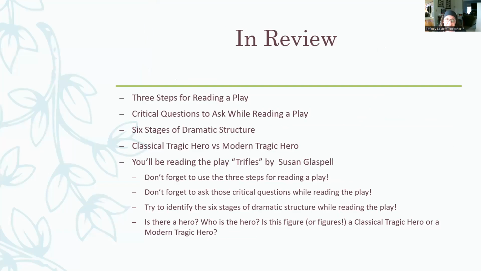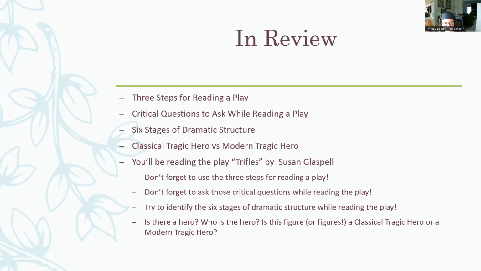So, as you're reading the play Trifles by Susan Glasgow, don't forget to use the 3 steps for reading a play. Don't forget to ask yourself critical questions while you're reading it. Try to identify the 6 stages of dramatic structure. Think about the characters. Is there a hero? Who is it? Is it just one person, or is it more than one person?